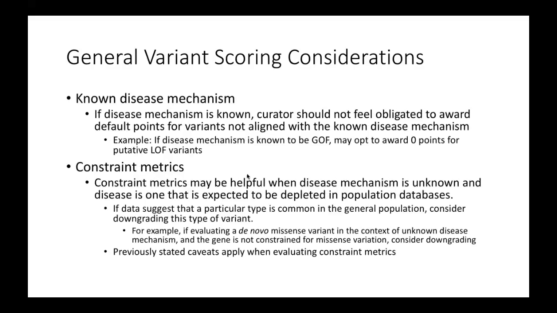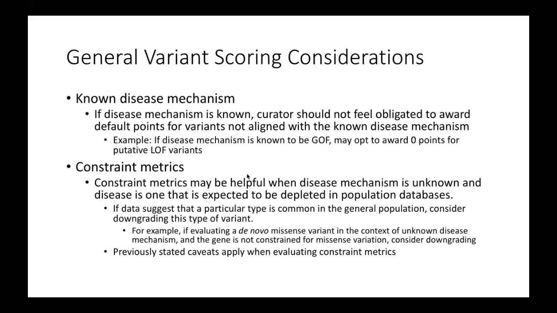score. We also wanted to indicate some useful information around constraint metrics, and how they may be helpful when the disease mechanism is unknown and the disease is one that is expected to be depleted in population databases. We want to indicate that if data suggests a particular type of variant is common in the general population, to consider downgrading the score for that type of variant.